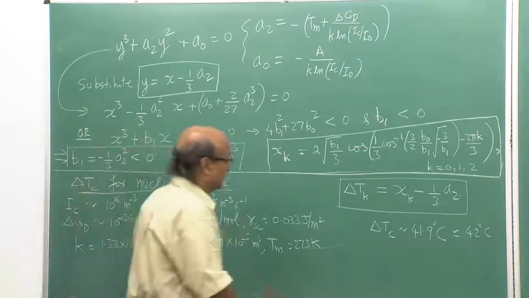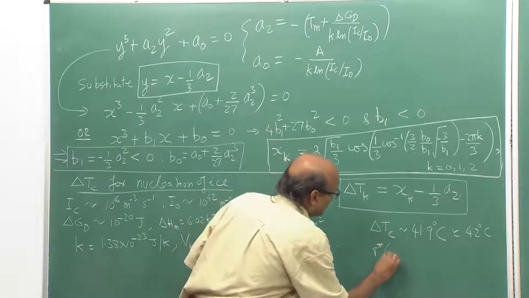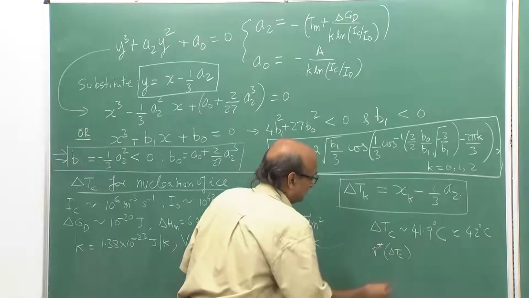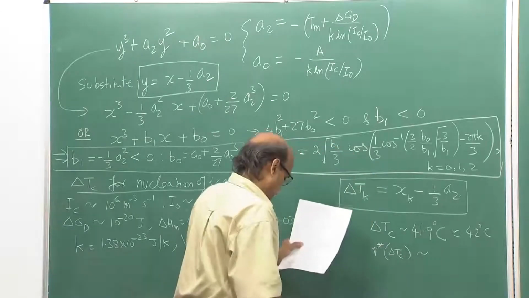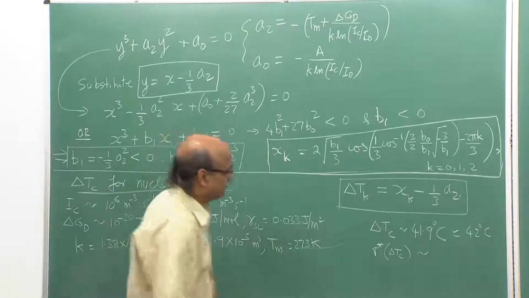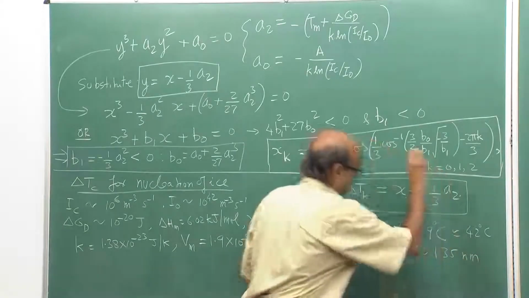One can also calculate what is the critical size of the nucleus for the given undercooling, and that you would get, and this I leave it to you to calculate, 1.35 nanometers.